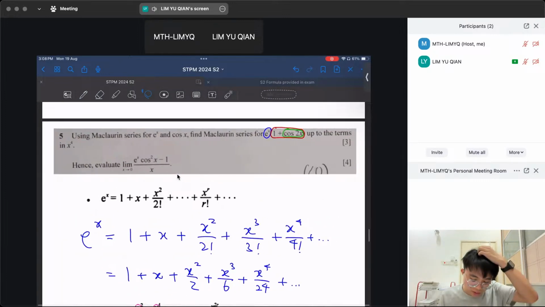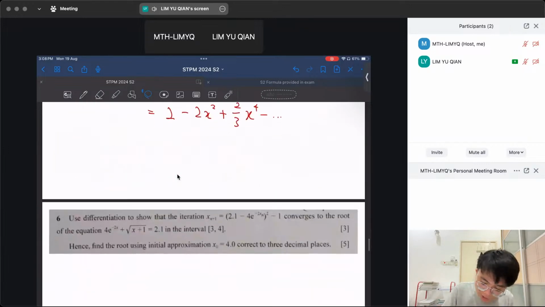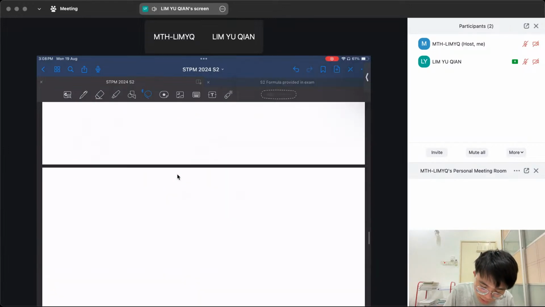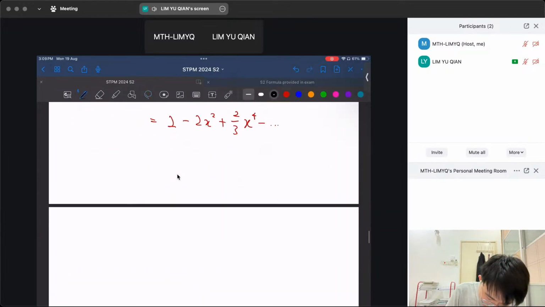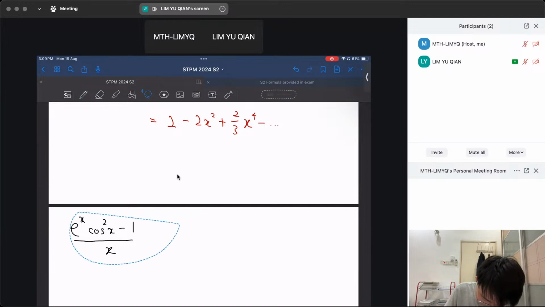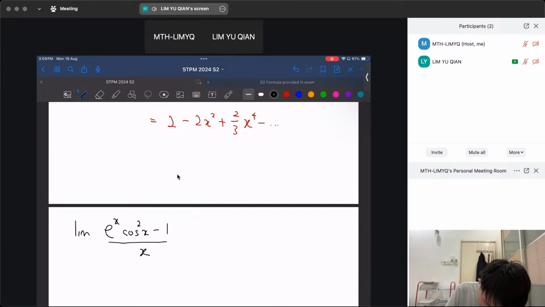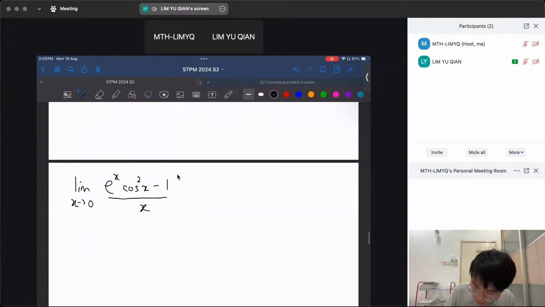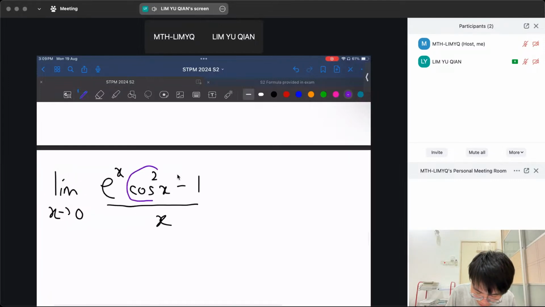Hence evaluate the limit as x tends to 0 of (e^x cos squared x minus 1) over x. This part you have to use an identity first.